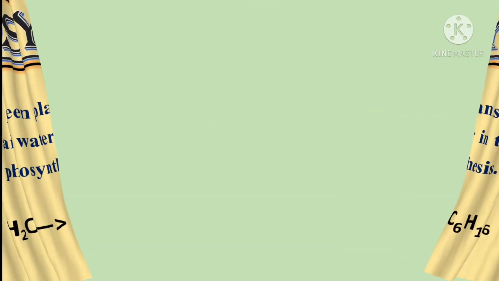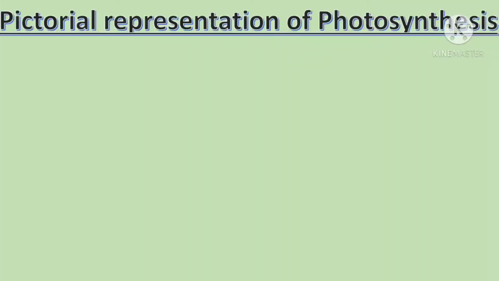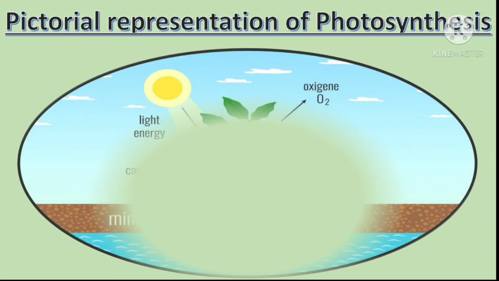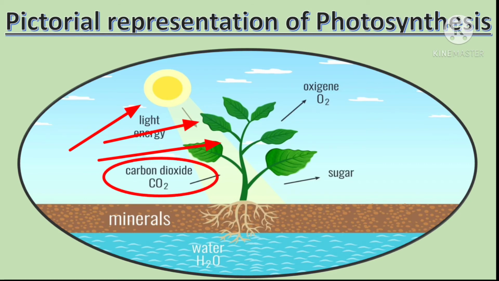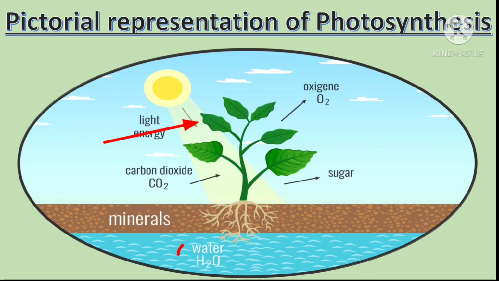So dear students, this is the pictorial representation of photosynthesis. See, there is a green plant, and this green plant is under sunlight, right? Sun rays are falling on the leaves of this green plant, and along with sun rays, carbon dioxide from air is also absorbed by these leaves, and now water is absorbed through soil.